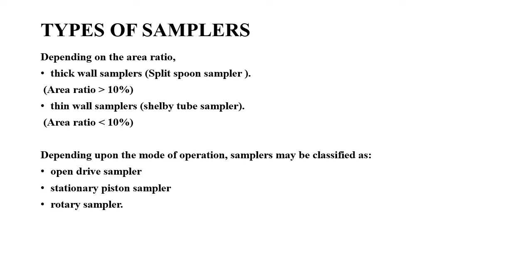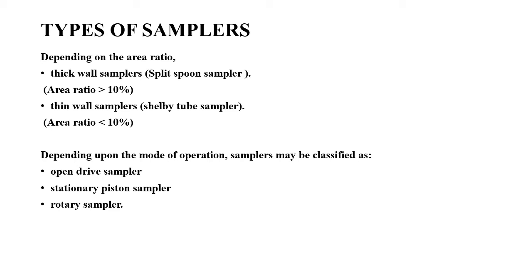Based on that, we can classify samplers as either thick-walled samplers or thin-walled samplers. If the area ratio is greater than 10%, it's a thick-walled sampler, and it can even go up to 30% also. When the area ratio is less than 10%, we call it a thin-walled sampler.